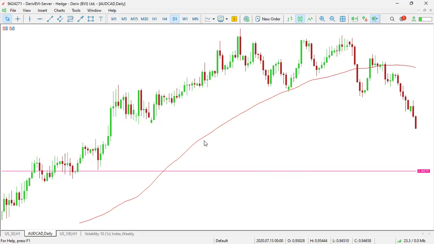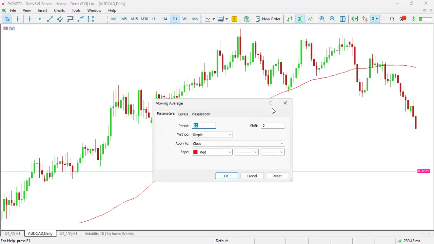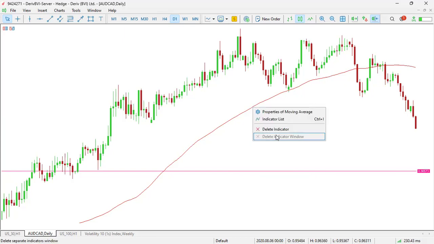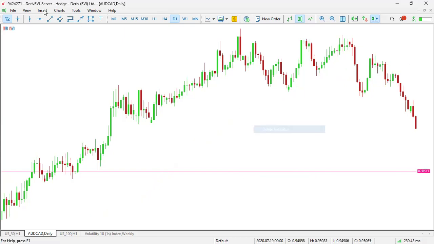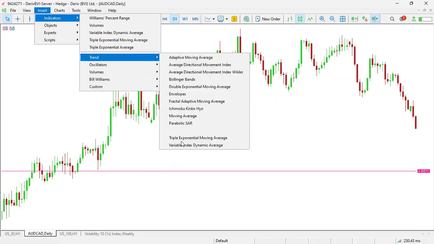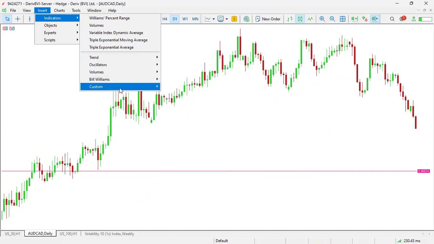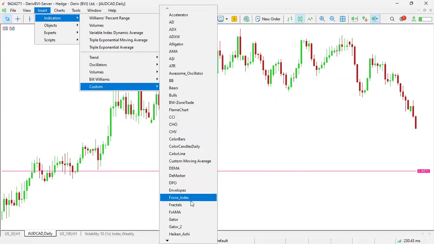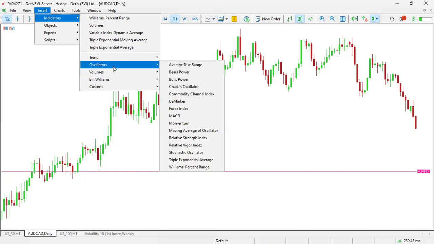Okay? Then the next indicator that we have, we have a lot. These are just the famous ones we are looking at. Let's look at the trend. It's the Fibonacci retracement. We go into the custom, we go to F. Not here. Let's look for RSI, it is one of them as well.